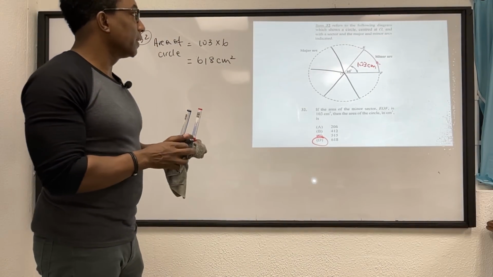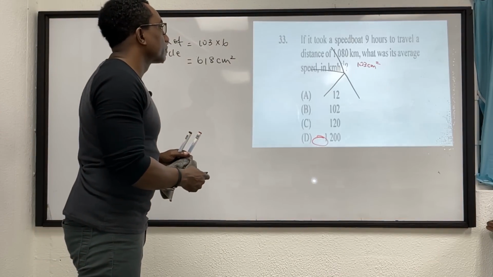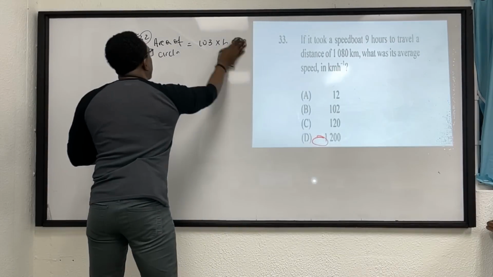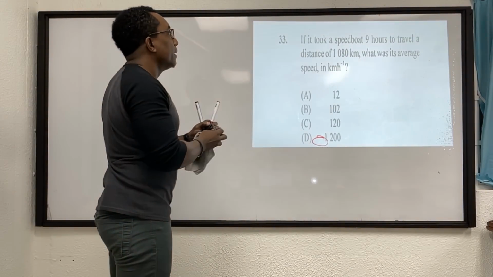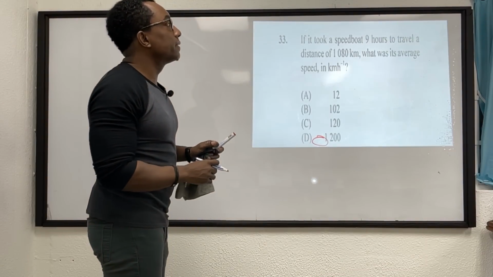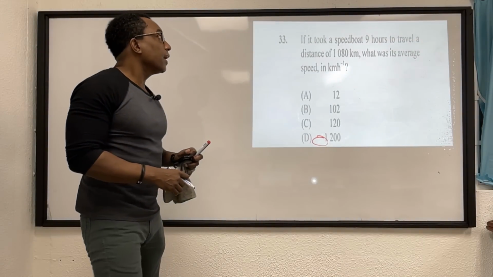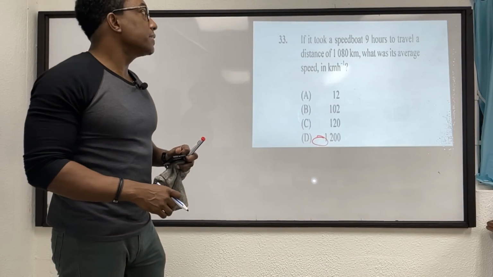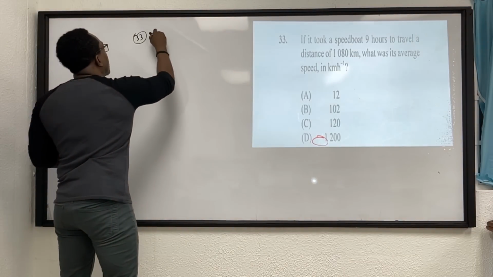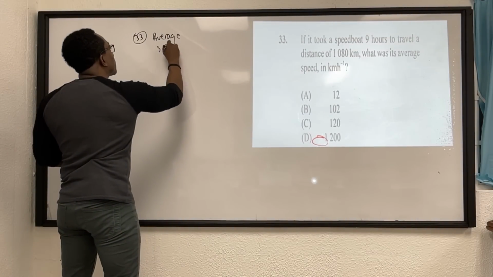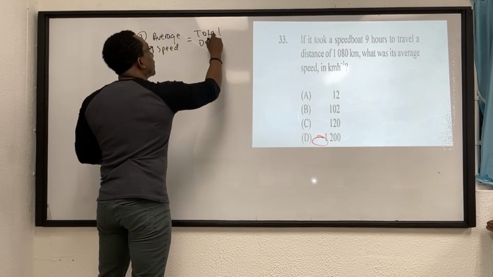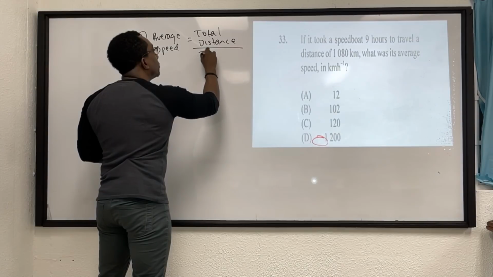Let's move on to question 33. So 33, it says if it took a speedboat 9 hours to travel a distance of 1,080 kilometers, what is the average speed in kilometers per hour? So average speed is equal to total distance over total time.